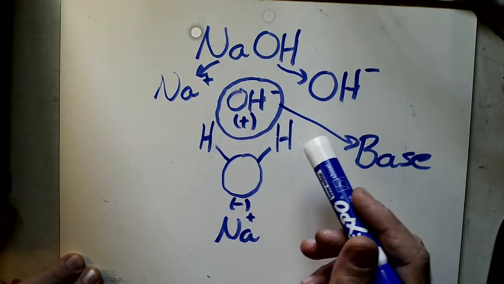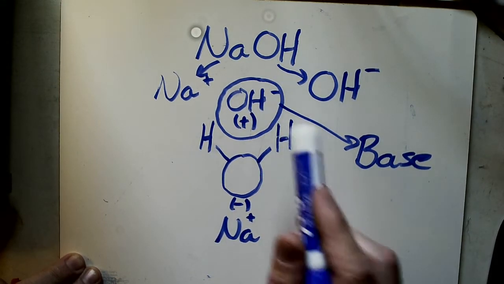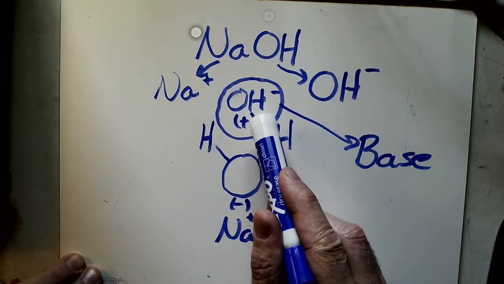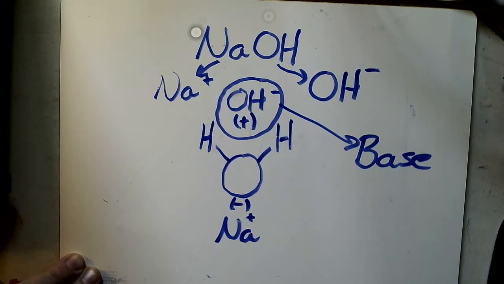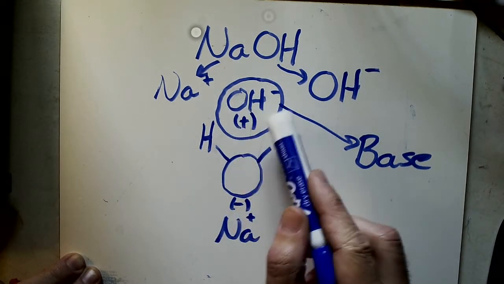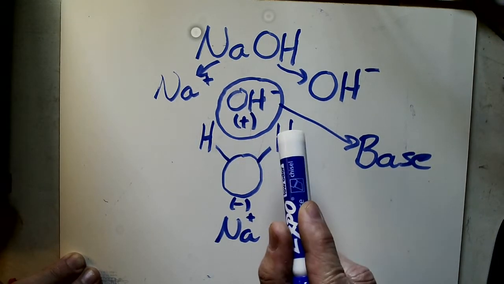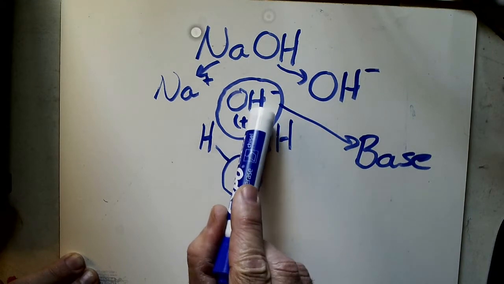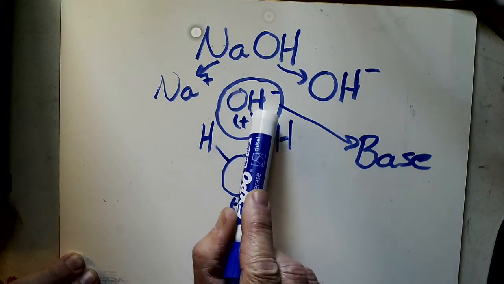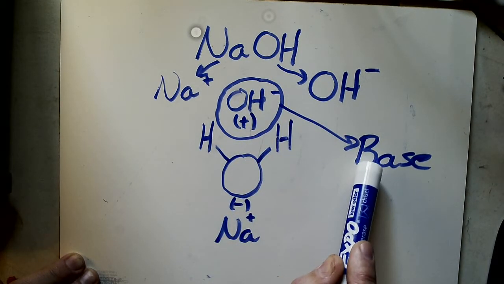If you look at the chemical formula for baking soda, it doesn't have an OH, but baking soda can accept a hydrogen ion. So this idea is going to become more complicated for you later, but just for now, hydroxide ion dissolved in water, it's a base.